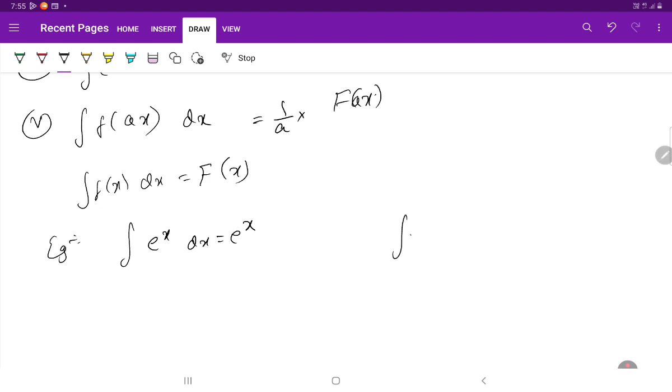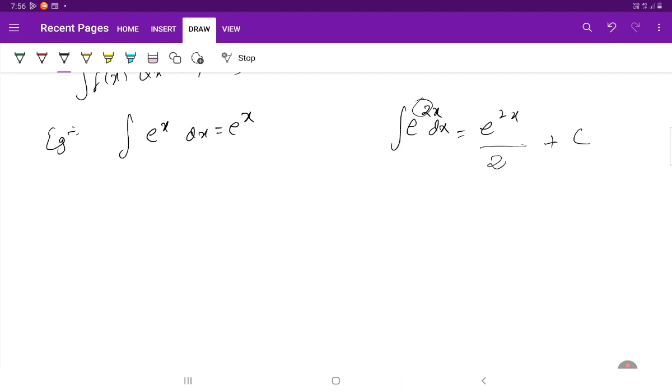Then what is the integration of e to the power 2x with respect to dx? Keep the function as it is, e to the power 2x, now divide this function by 2 because there is a factor of 2 in the function, like f of 2x, and add a c, that is a constant.